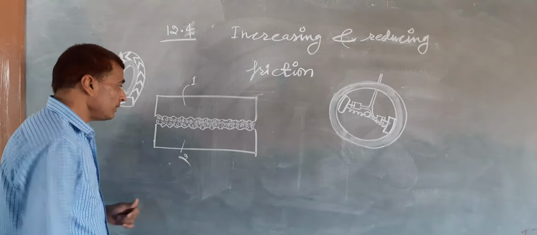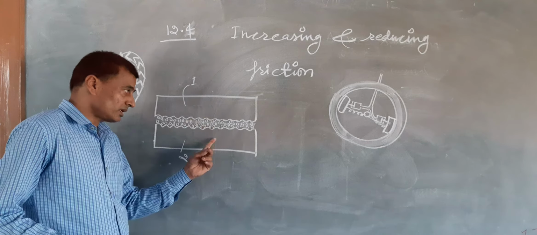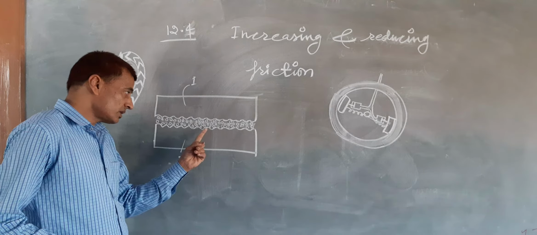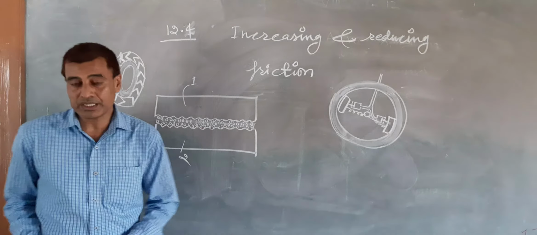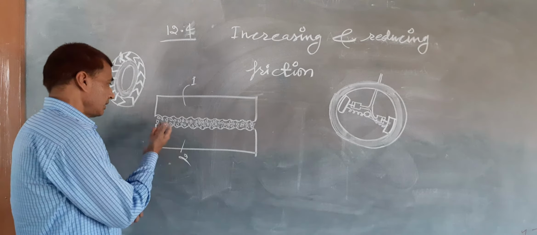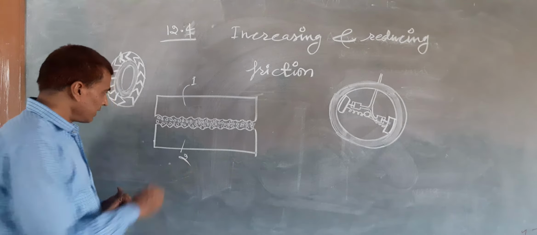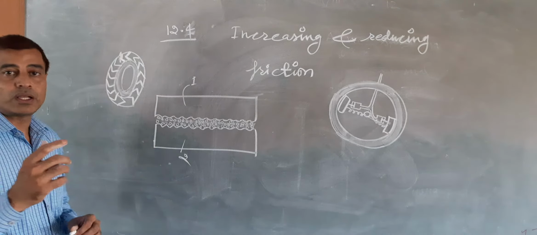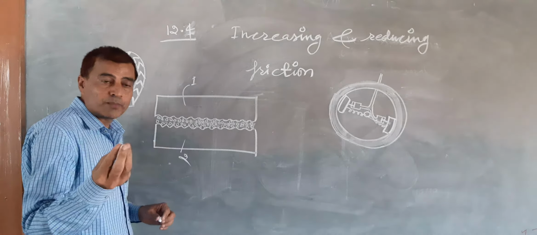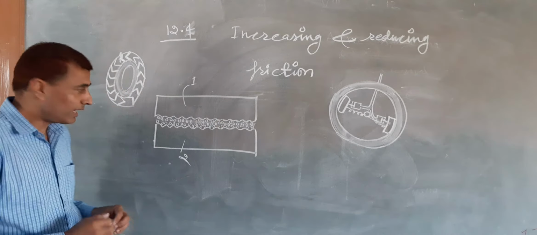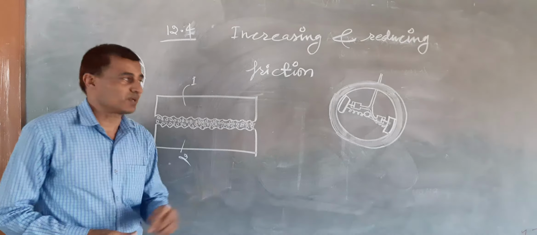This time we have used oil between these two surfaces. It means this time these surfaces are not in very much contact. It means these irregularities are not interlocked. This oil makes a layer between these two, and the molecules of this oil work as small spherical bonds between these two surfaces, and this reduces the amount of friction between these two surfaces.